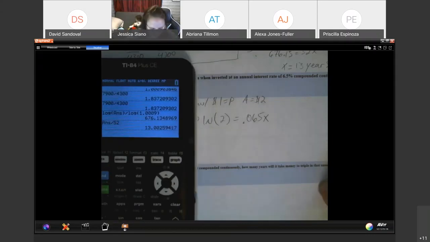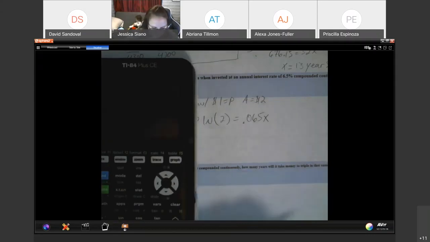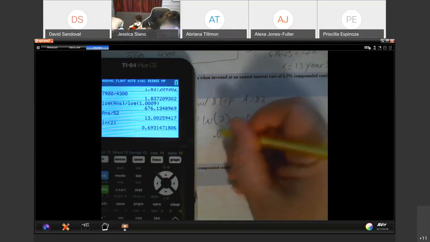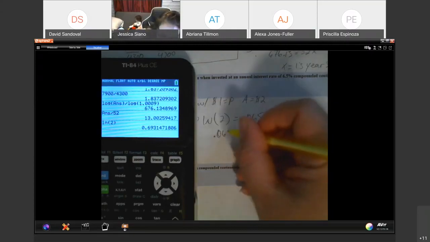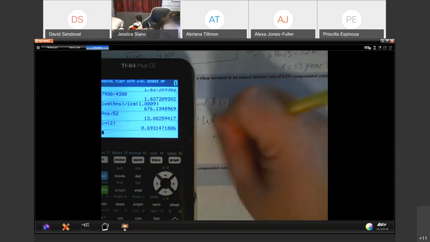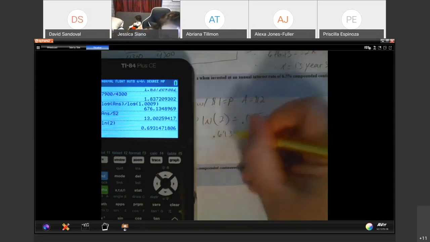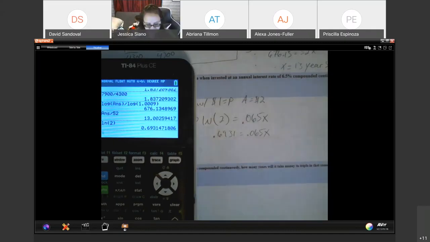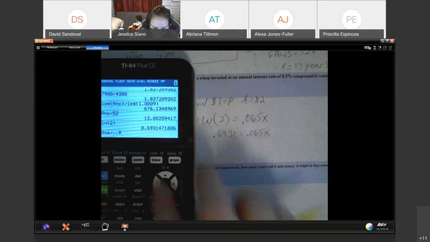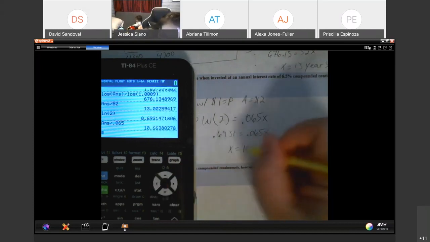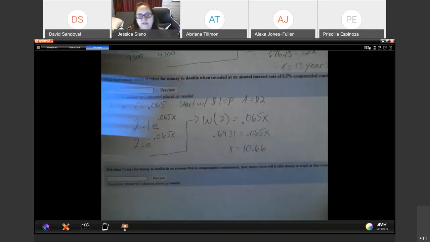So then the ln of 2 is 0.6931. And then we're going to divide that by 0.065. So it would take 10.66 years.